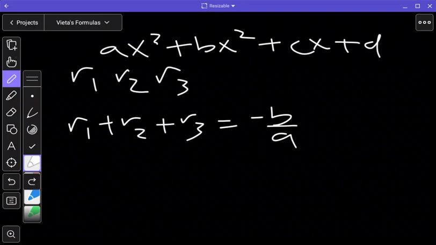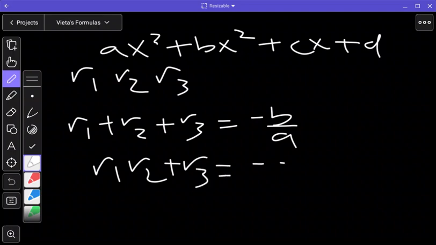What about the product of the roots? Well, now it's equal to negative d over a. And so you'll notice that it's still your constant term over your leading coefficient, but now the sign has switched.